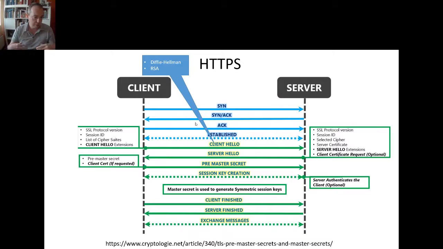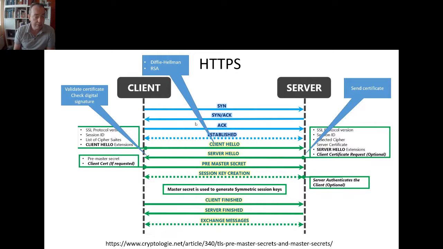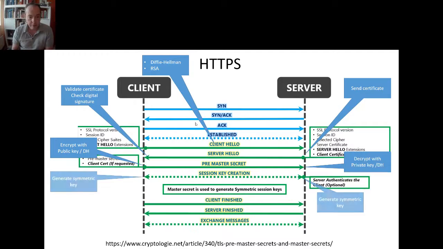That's specifying how we're going to exchange keys and what algorithm. Then the server will send its certificates. The client will verify the certificate using its digital signature. Then it will proceed to use the public key to encrypt a common number for both to create a symmetric key. So this is Diffie-Hellman key exchange basically.